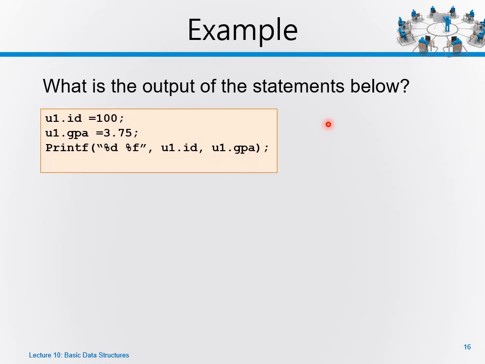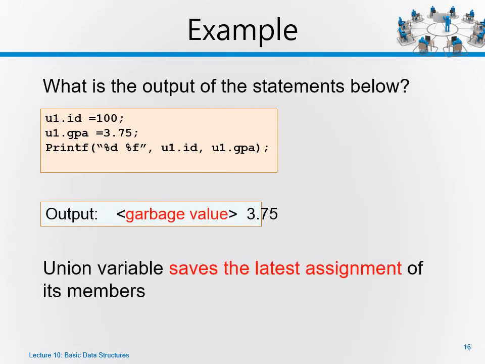You can pause this video and answer this question. Let us see the answer. So the output is a garbage value for the ID, and 3.75 for the GPA. A union variable saves the latest assignment of its member.